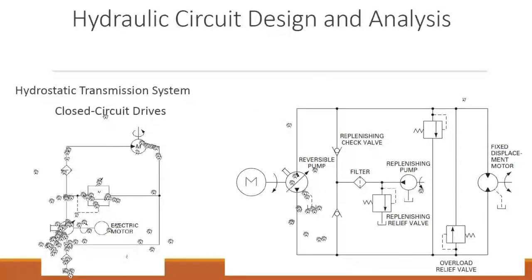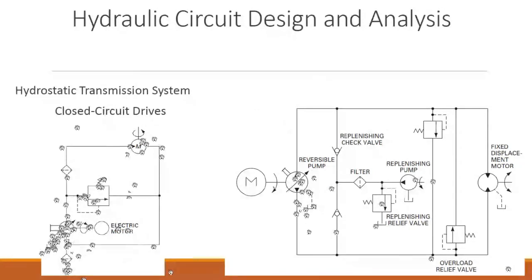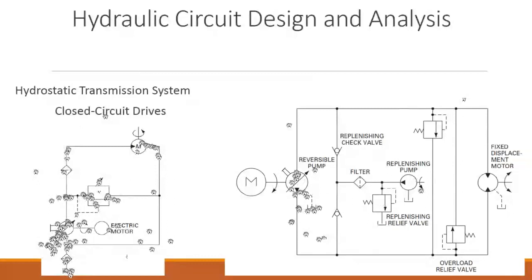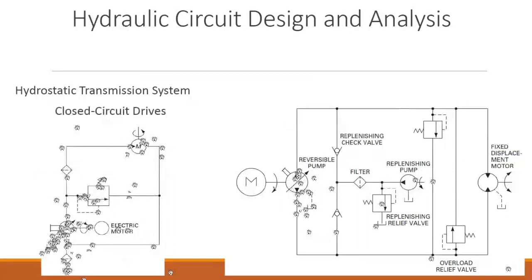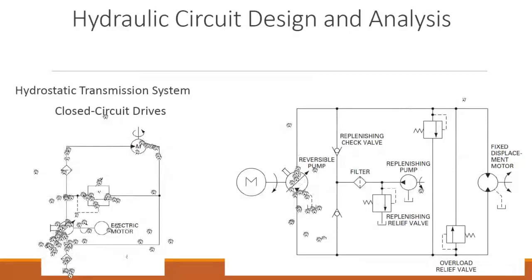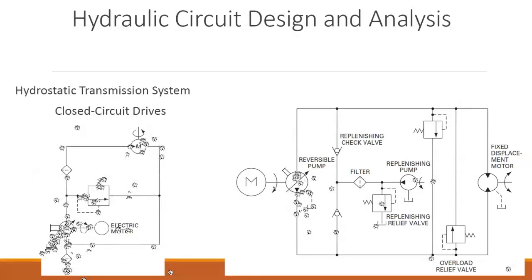Now, the arrows in both directions mean that it is also a reversible pump, which can be run in this direction as well as the other. Okay, and it's also a variable displacement, reversible hydraulic pump.